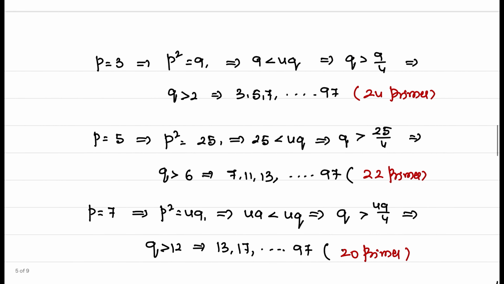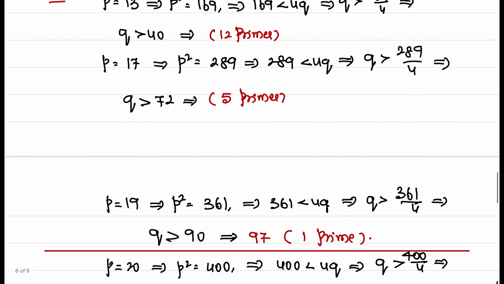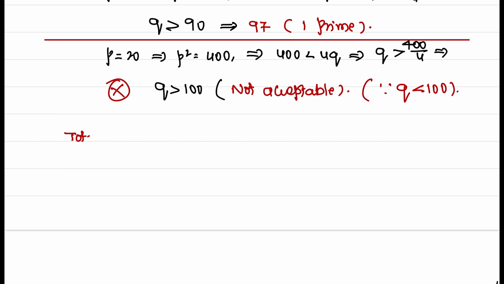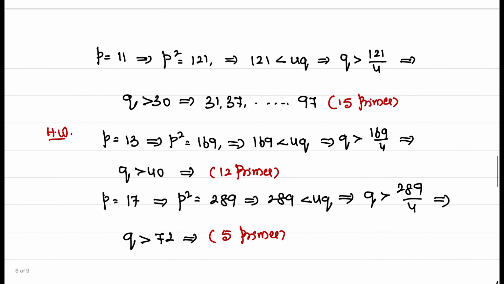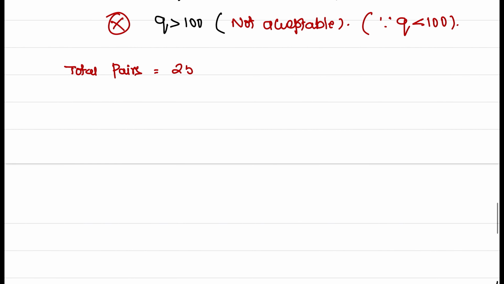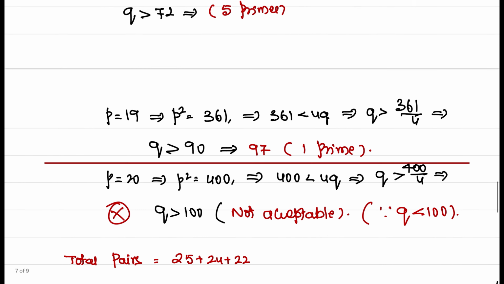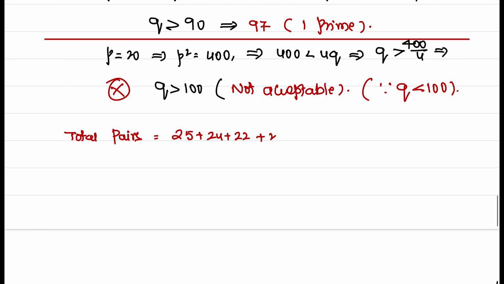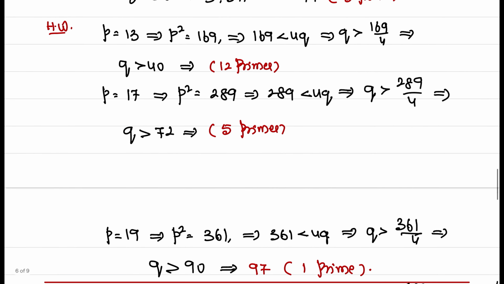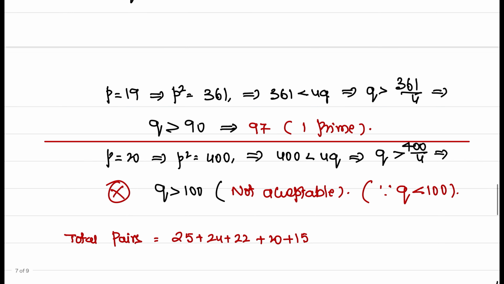Here, how many primes? Total pairs will be 25 plus 24 plus 22 plus 20 plus 15 plus 12 plus 5 plus 1.